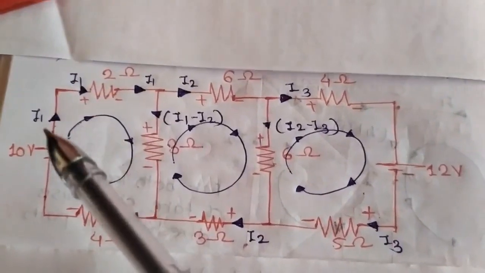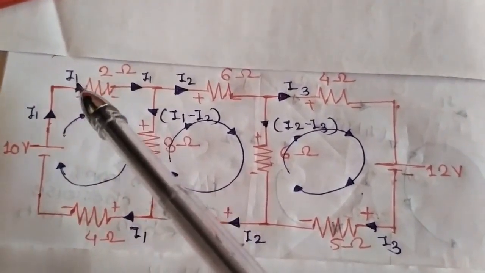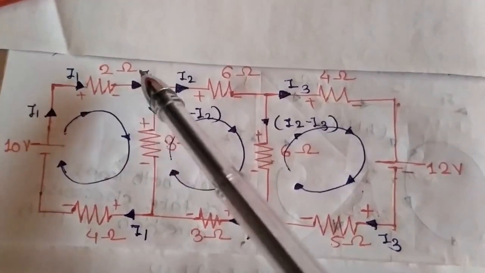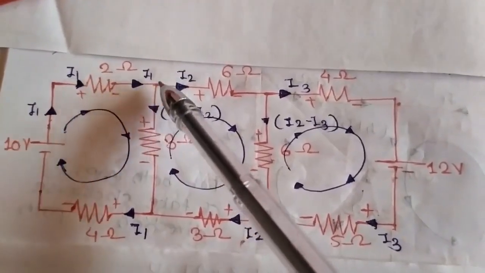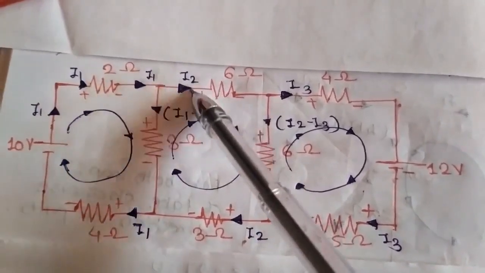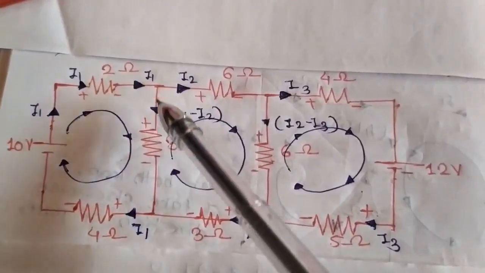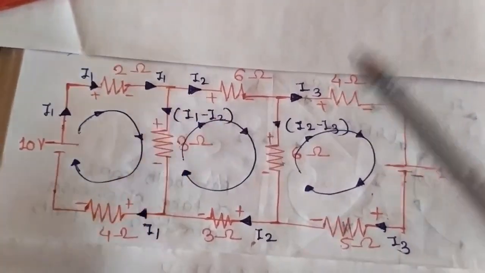See the diagram. I1 from this 10 volt, the current passing the 2 ohm resistance, because at this point we get division of current. If we take I2 for this loop, then for this branch we get I1 minus I2.